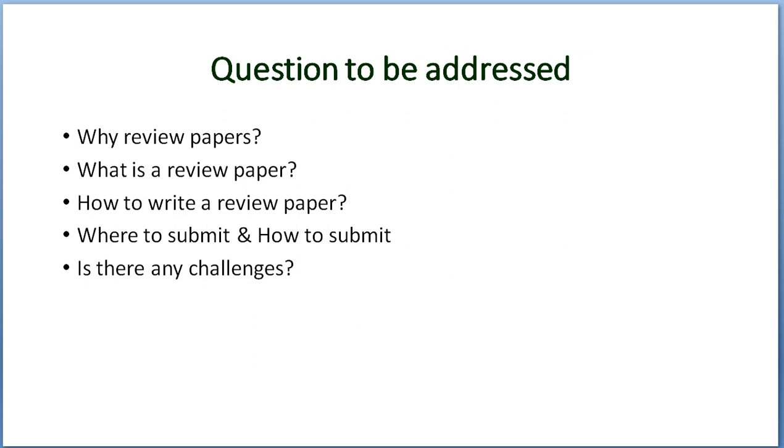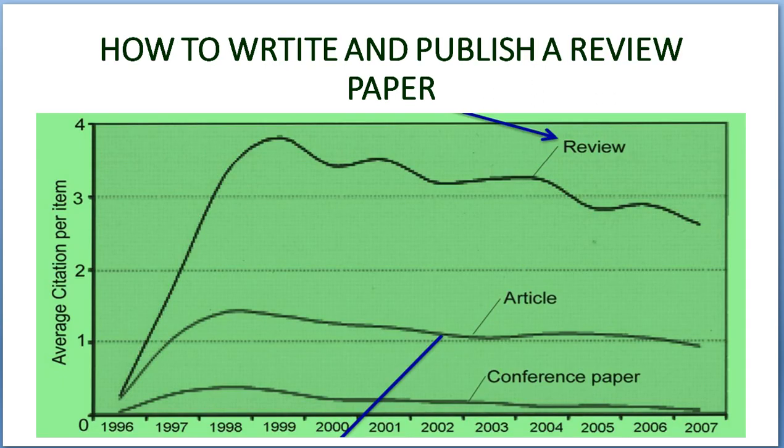There are mainly two types of article. One is research paper and the other is review paper. Review paper always has a high citation. As you see on the window, the citation per paper of reviews is very high as compared to research articles.